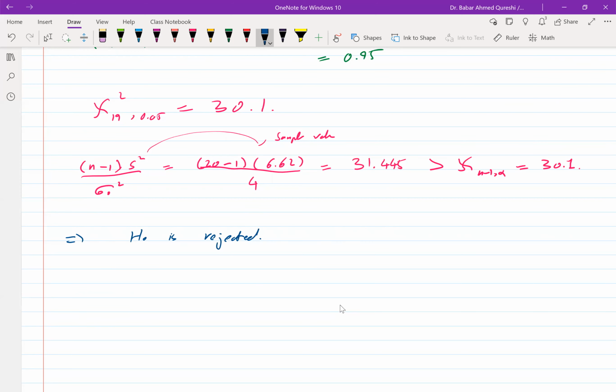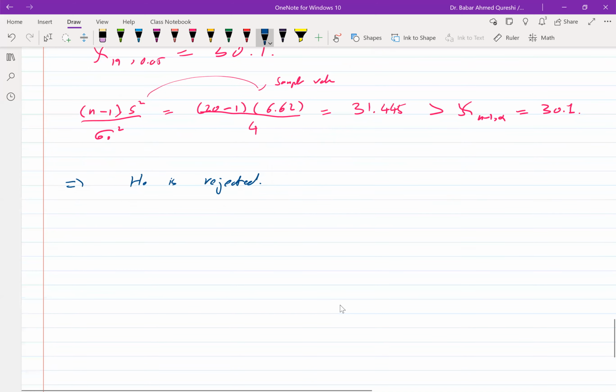Now I can compute the p-value of this. Whenever you reject your null hypothesis, then at the same time you can compute the p-value too. So let us compute the p-value.